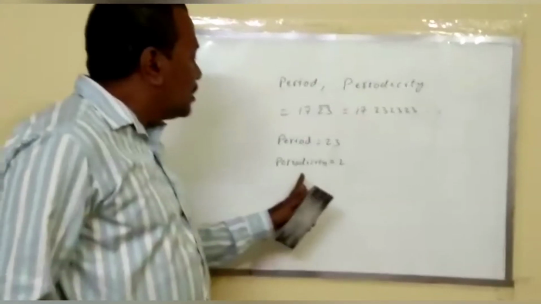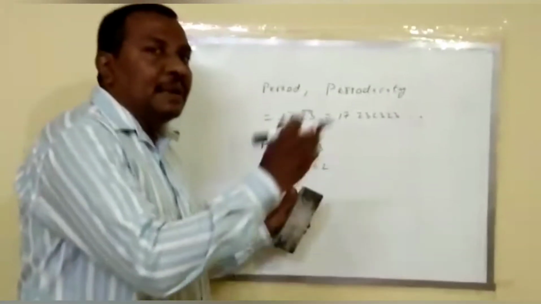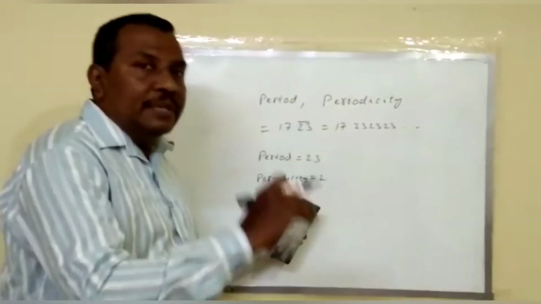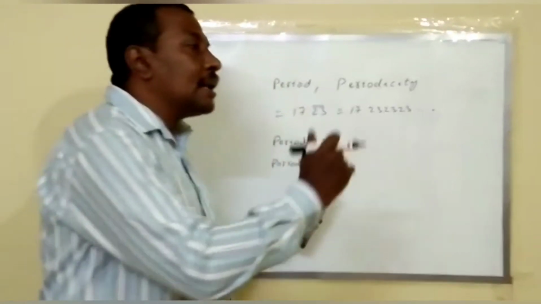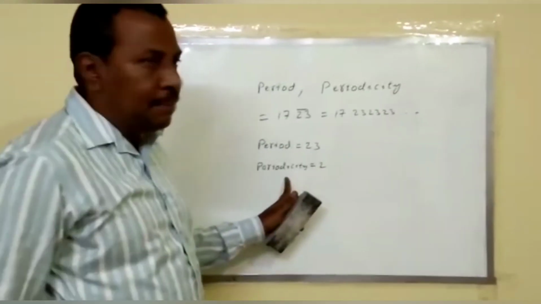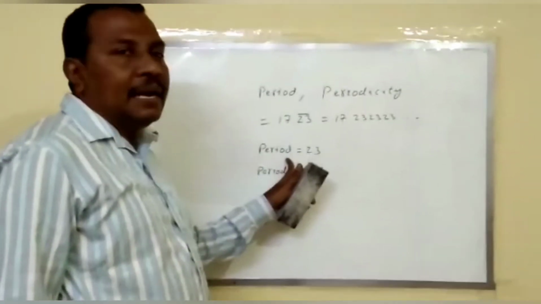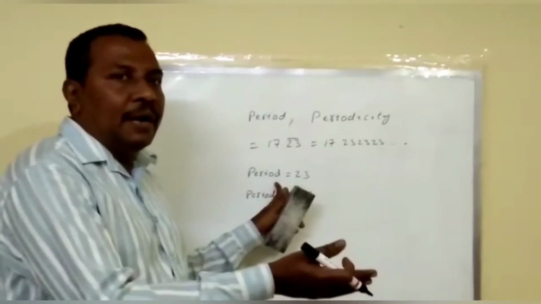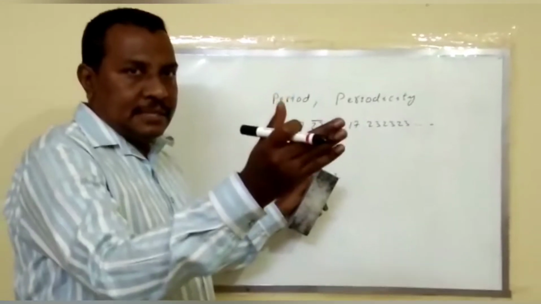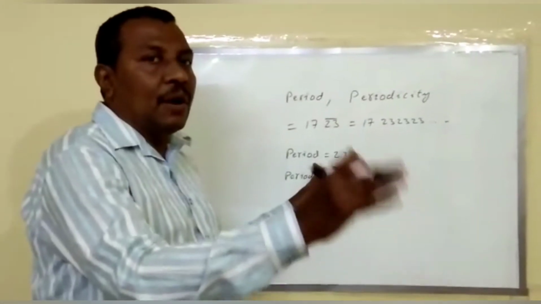So what is periodicity? After the decimal point, the number of digits that are recurring, repeating continuously, is called periodicity. And what is the period?